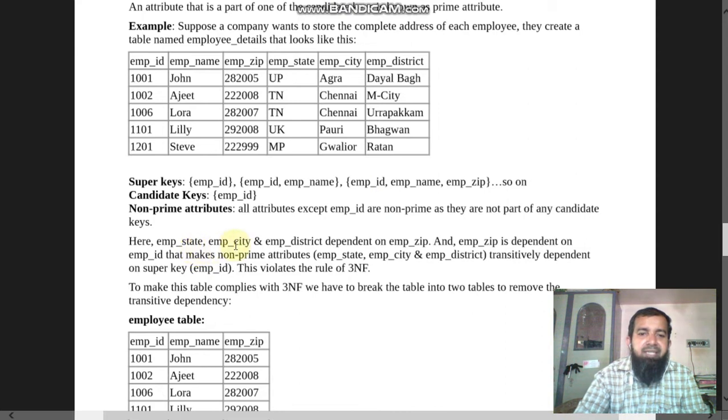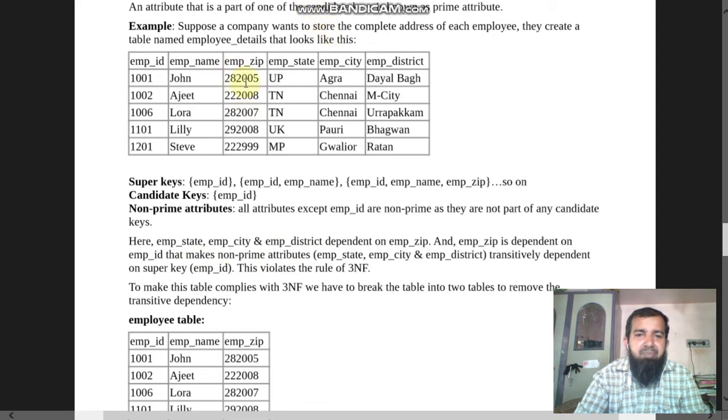Here employee state, employee city, and employee district are dependent on employee zip. The zip code is also called the pin code, and it determines the state, city, and district. And employee zip is dependent on employee ID.